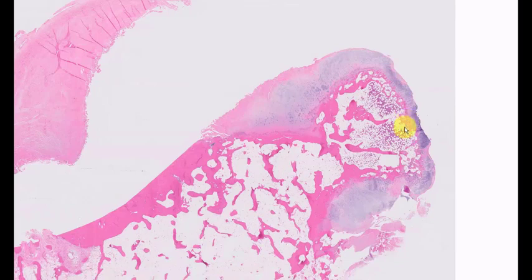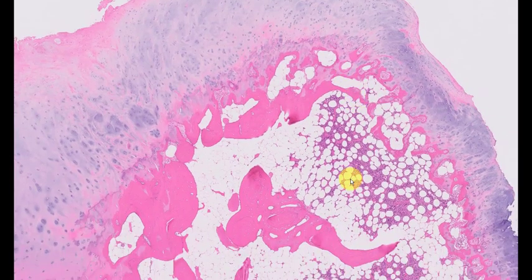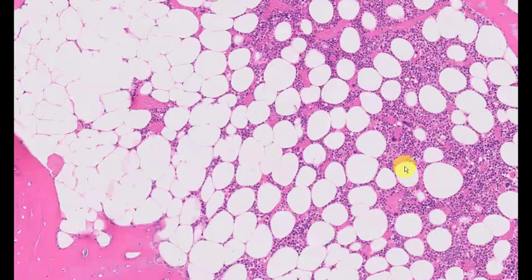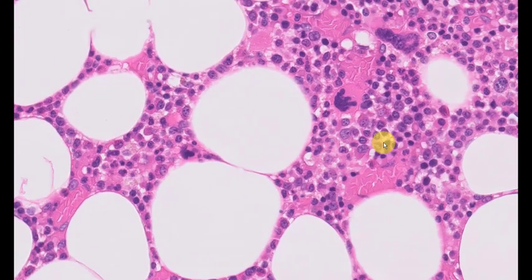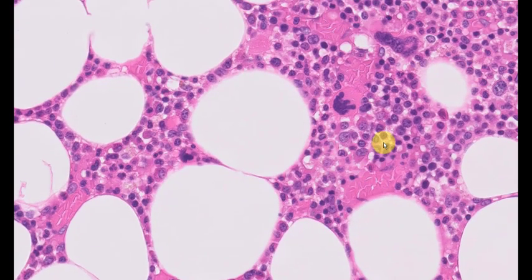The osteophyte is often covered by fibrocartilage rather than hyaline cartilage, which typically covers the articular surface. And beneath that fibrocartilage, you will see this rather cellular bone marrow. If you notice, the rest of the bone marrow did not look particularly cellular, but the area immediately under the osteophyte tends to show trilineage hematopoiesis.